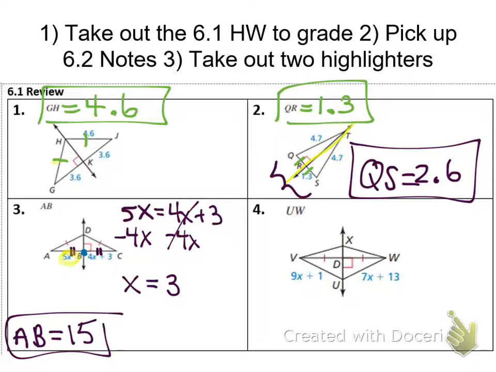Good. Number 4, this one looks weird, but really it's just a segment that has still been bisected, and there's a perpendicular bisector. So a point on the bisector to the endpoints is going to be equidistant. So we know 9x plus 1 will equal 7x plus 13. So what do I do first? Subtract 7x.